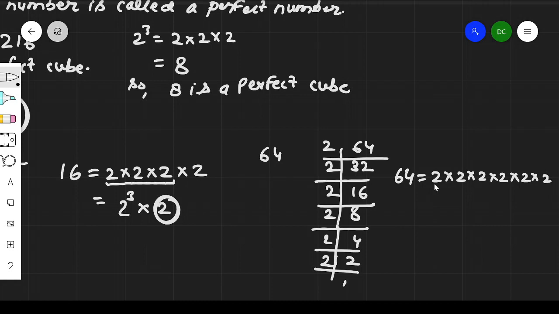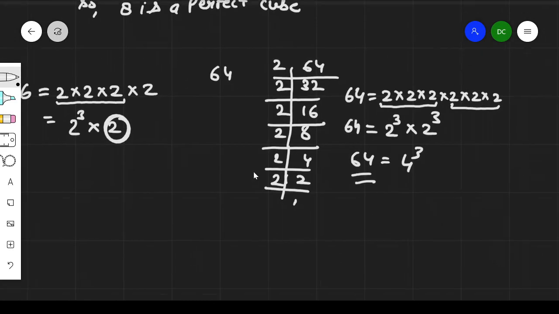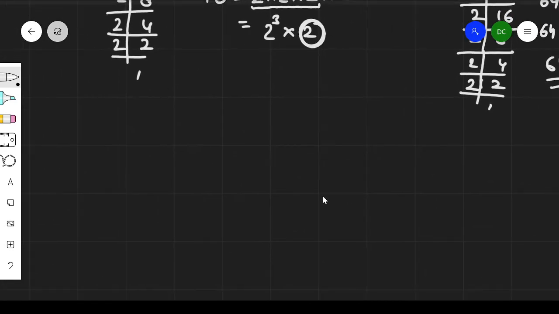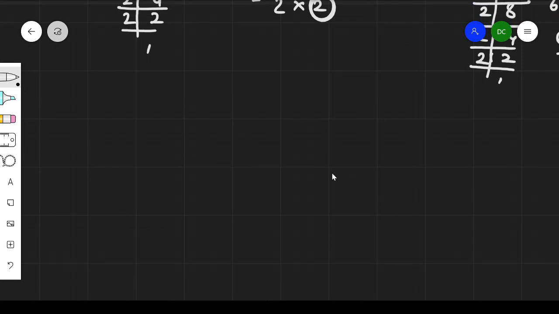As we can see, the triplet of 2 is here and again we have the triplet of 2. So 64 can be written as 2 power 3 multiplied by 2 power 3, or simply 4 power 3. So we can say 64 is a perfect cube number. I hope you can very easily find whether any number is a perfect cube or not.